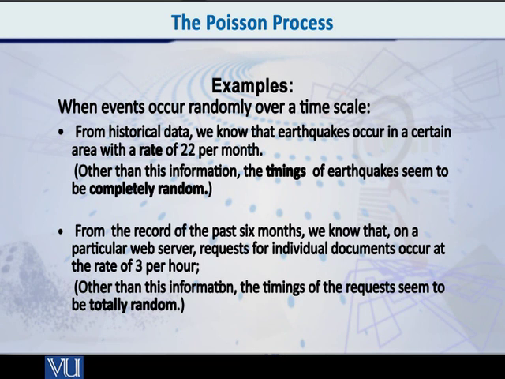So this is a good example of a Poisson process, or technically we would say that it is that particular kind of Poisson process when the events are happening randomly over a time scale.